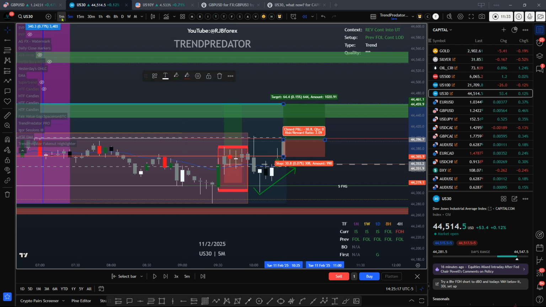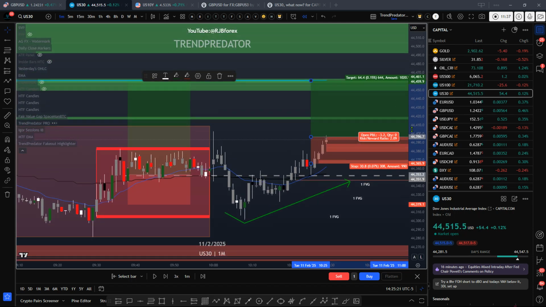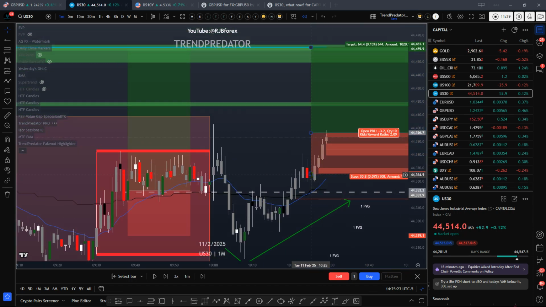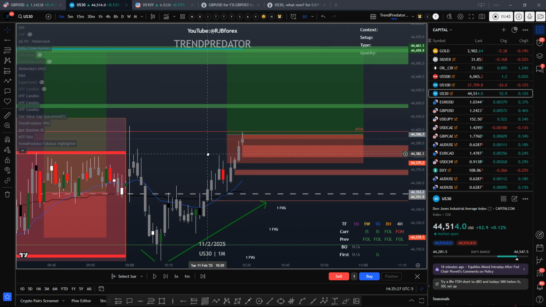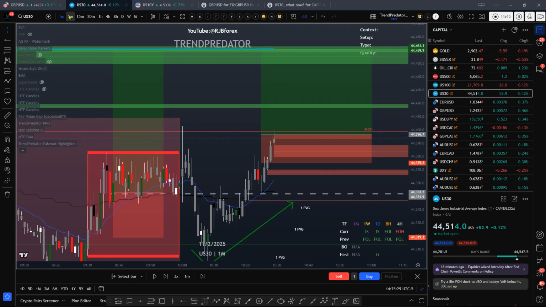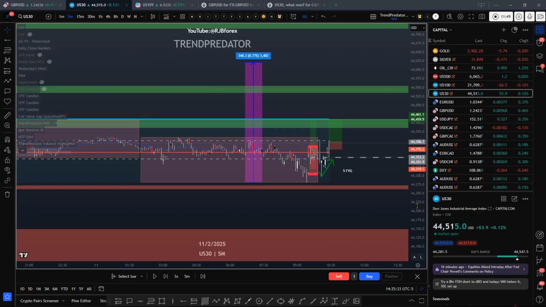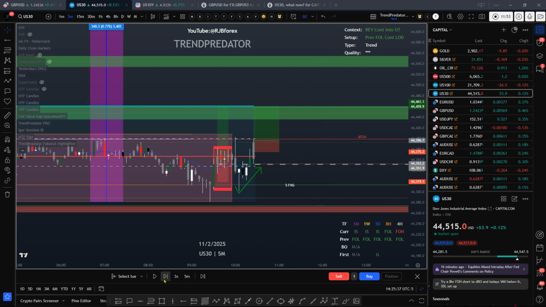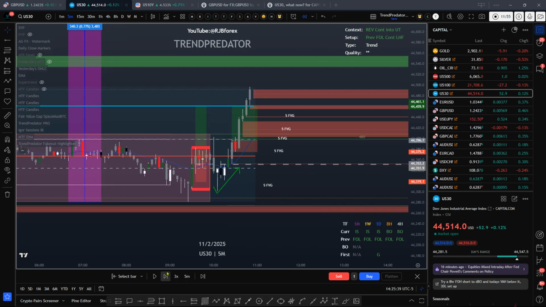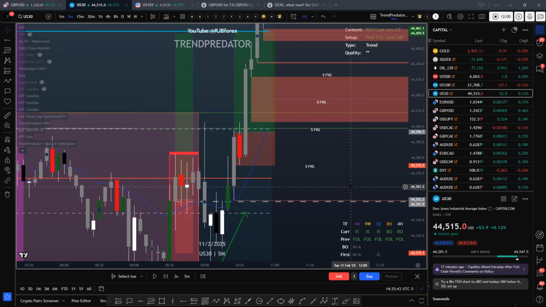You've got 2-for-1 there. You've got 3-to-1 below the fair value gap on the 1 minute. So that could be your trade setup. Everything is aligned bullish. And 3-to-1 made relatively quickly.